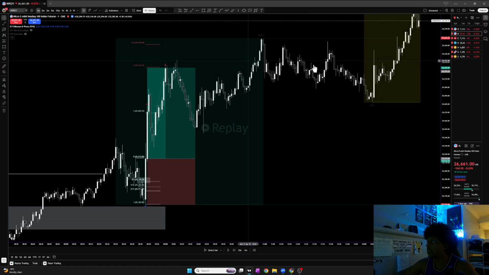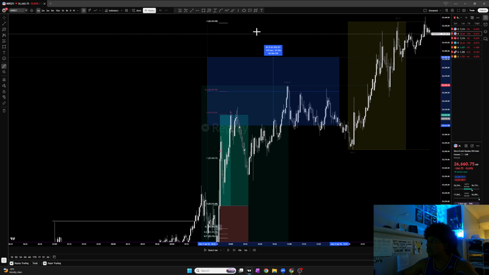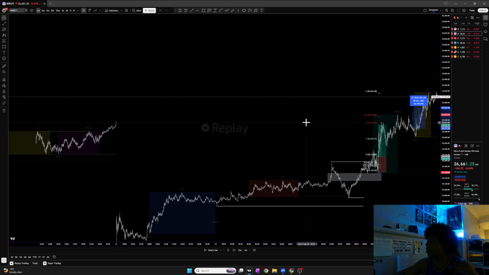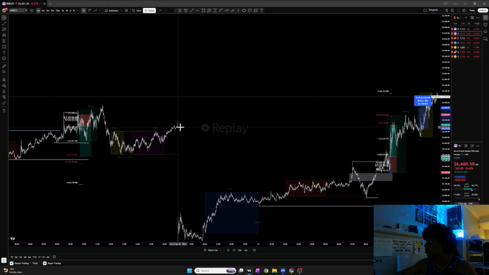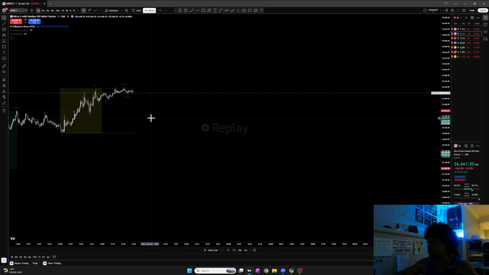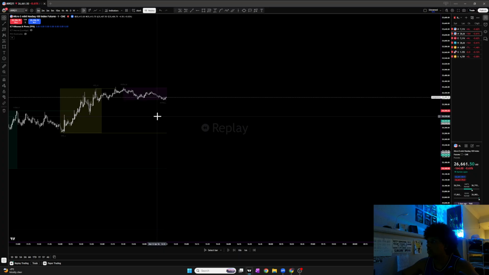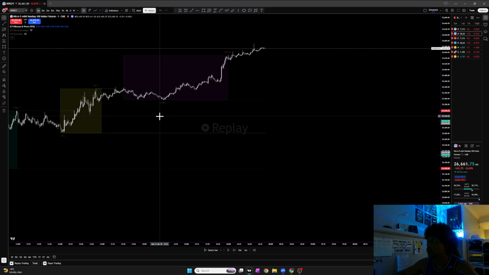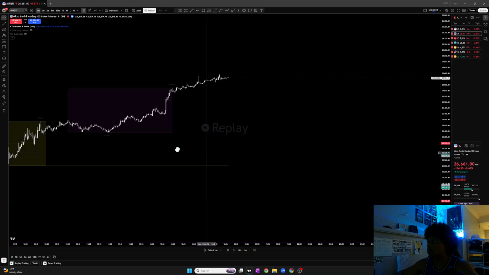So exactly we reverse or probably go up to -4 right there. And then also, as you can see, we close about the market open gaps, which is pretty awesome right there. Perfect.